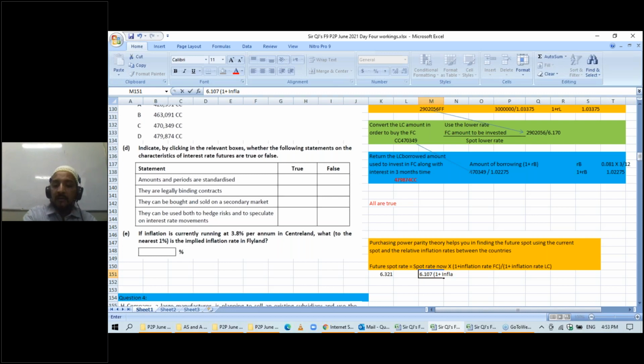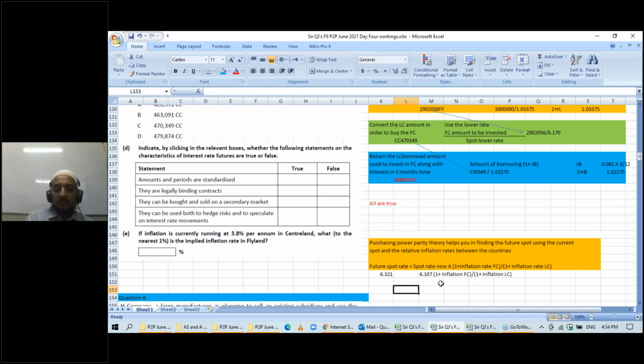Flyland is a foreign currency. The company itself is situated in Centerland. So inflation of foreign currency is required, divided by 1 plus inflation in local currency.